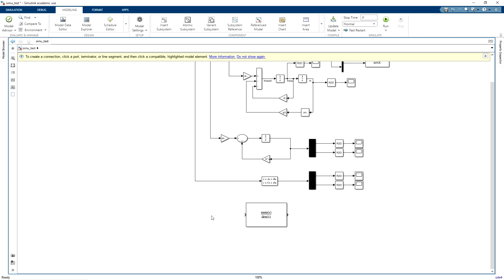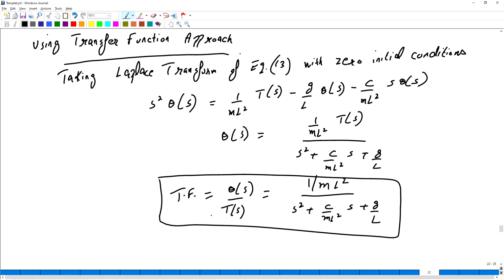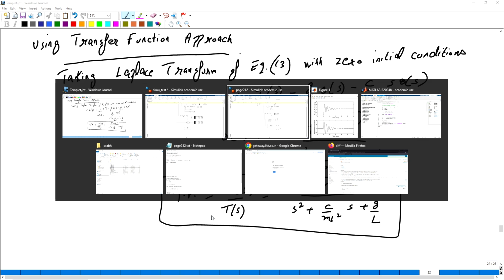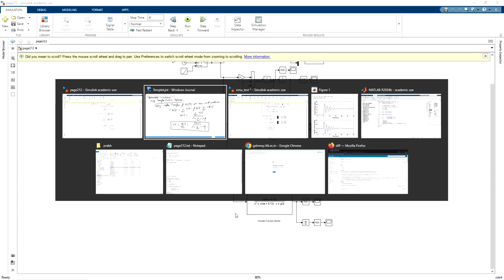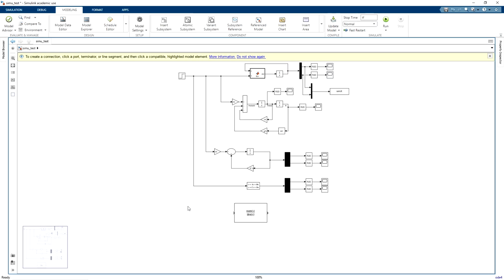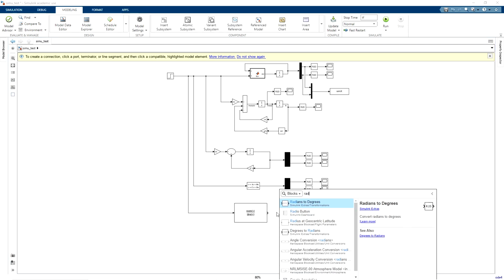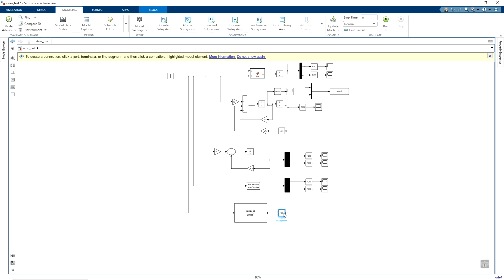Now this is the transfer function approach. We will put an input again here, which remains the same. I am not changing the input, hence expecting similar results. Radians to degrees, and we have a scope.